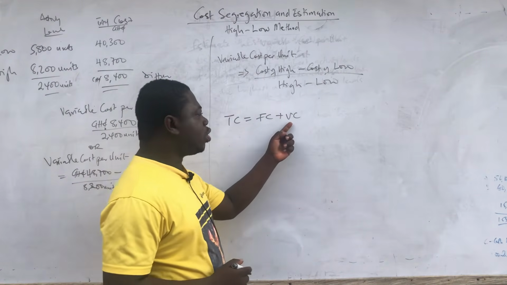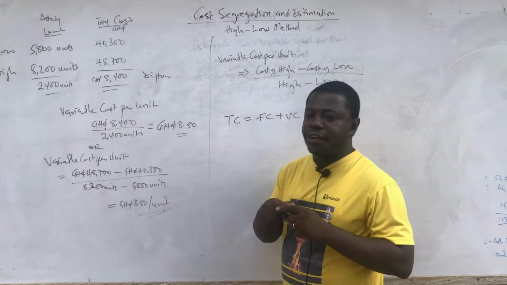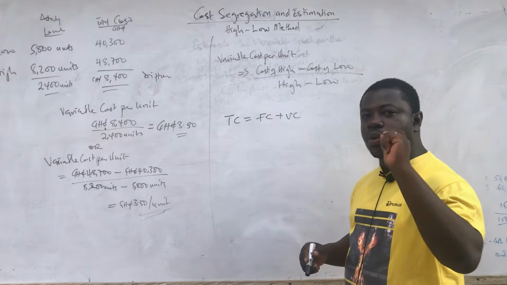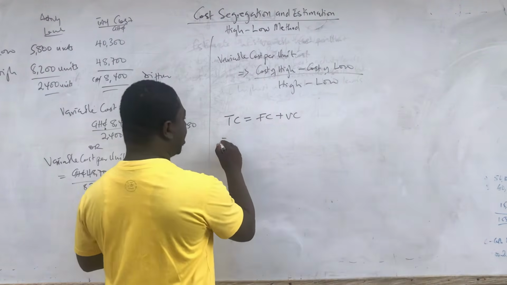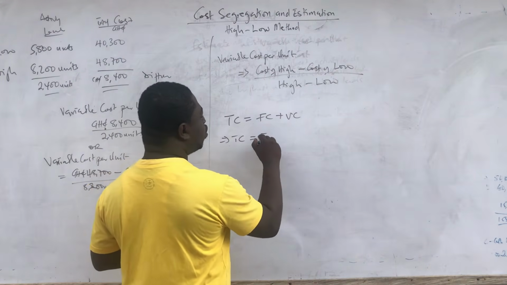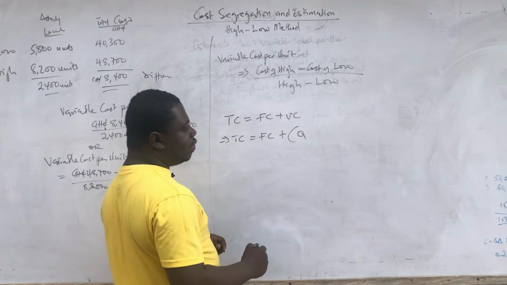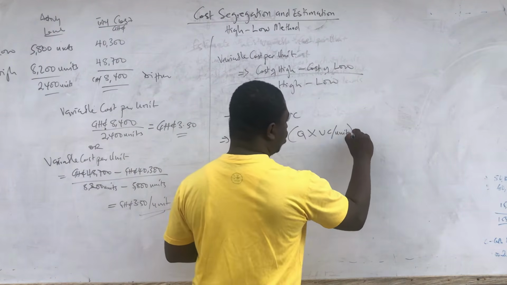But the variable cost here is the quantity multiplied by the variable cost per unit. We know that to get the total variable cost, it is the quantity produced multiplied by the variable cost per unit. And so we can expand this to be total cost equal to fixed cost plus your quantity, which is the activity level, times the variable cost per unit.